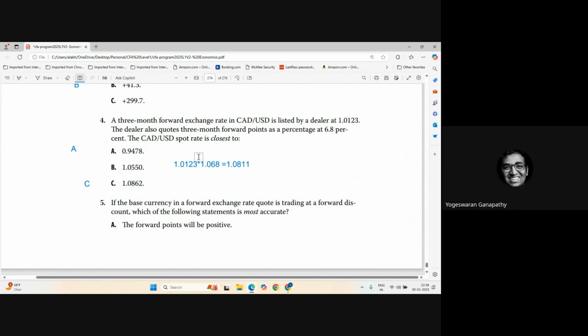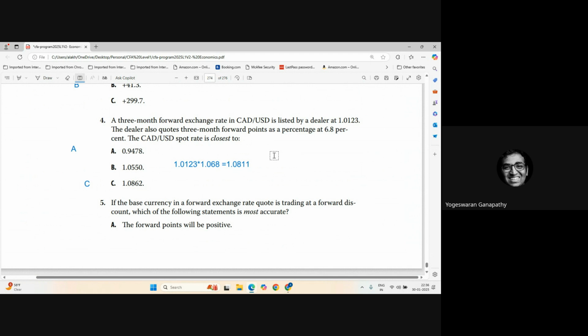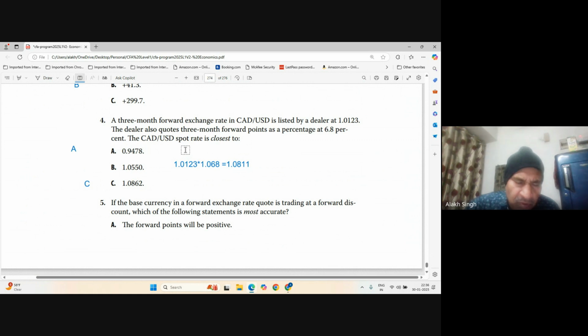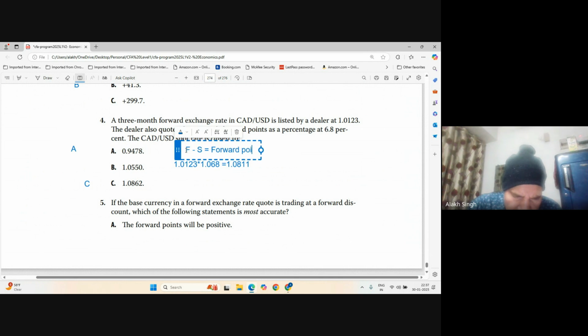So forward minus spot is equal to forward points. They're asking for the spot, so forward minus forward points is equal to the spot rate. I'm just telling from the basic formula: F minus S is equal to forward points.